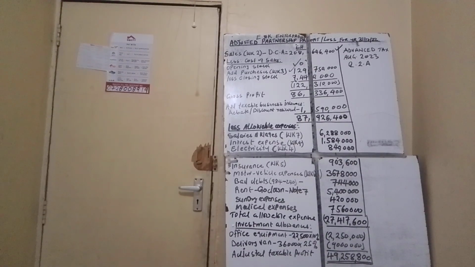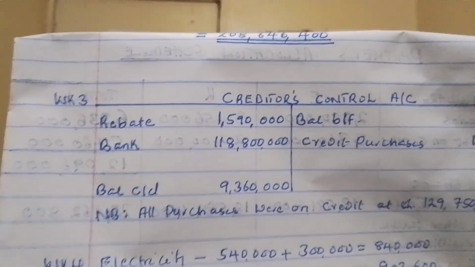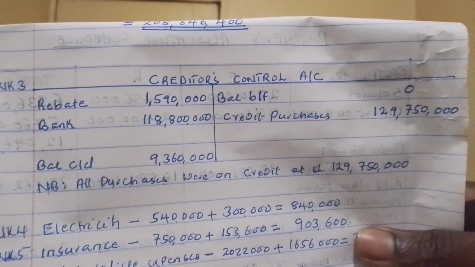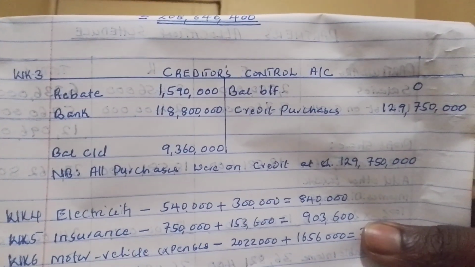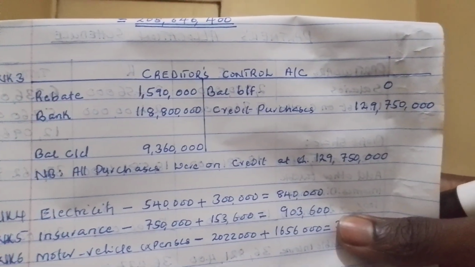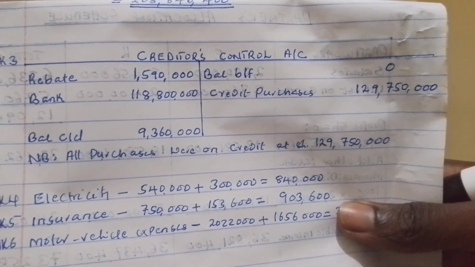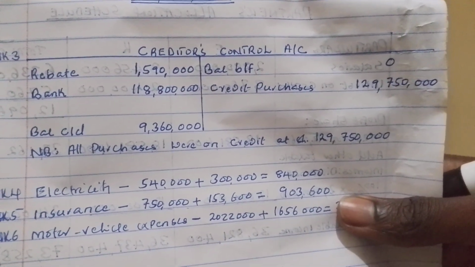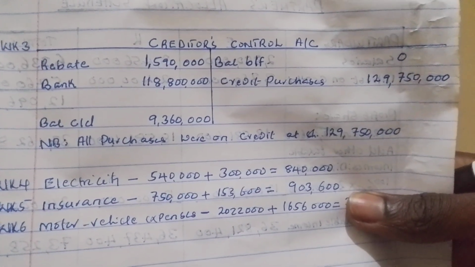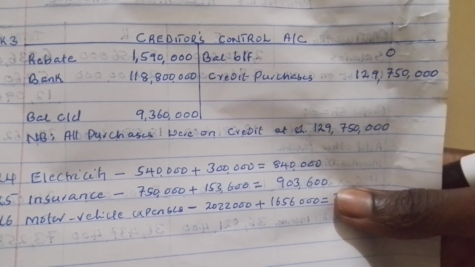If you are able to see the creditors control account, you can see the balance brought forward was zero. Balance brought forward for creditors on the credit side. So the balance brought forward was zero, but the balance carried down, you can see it is on the debit side, the closing balance 9,360,000.